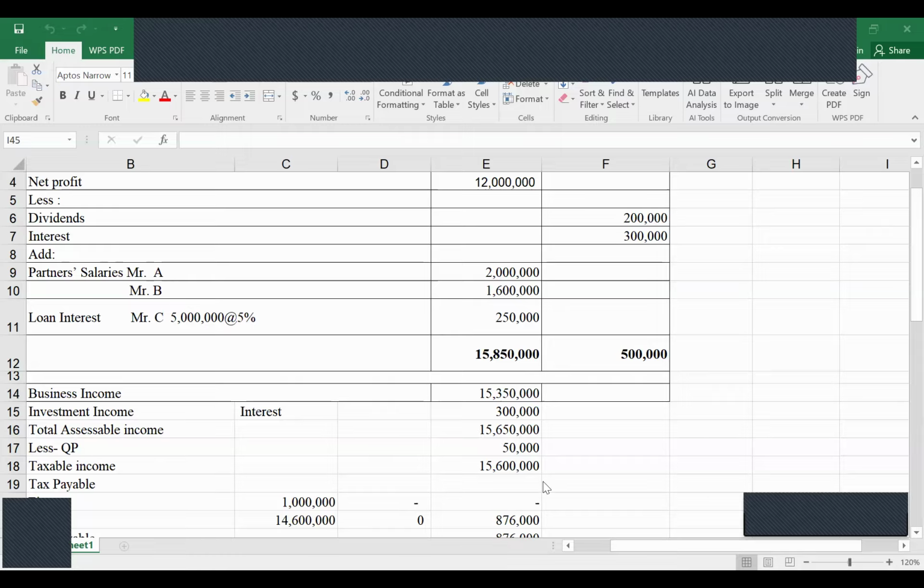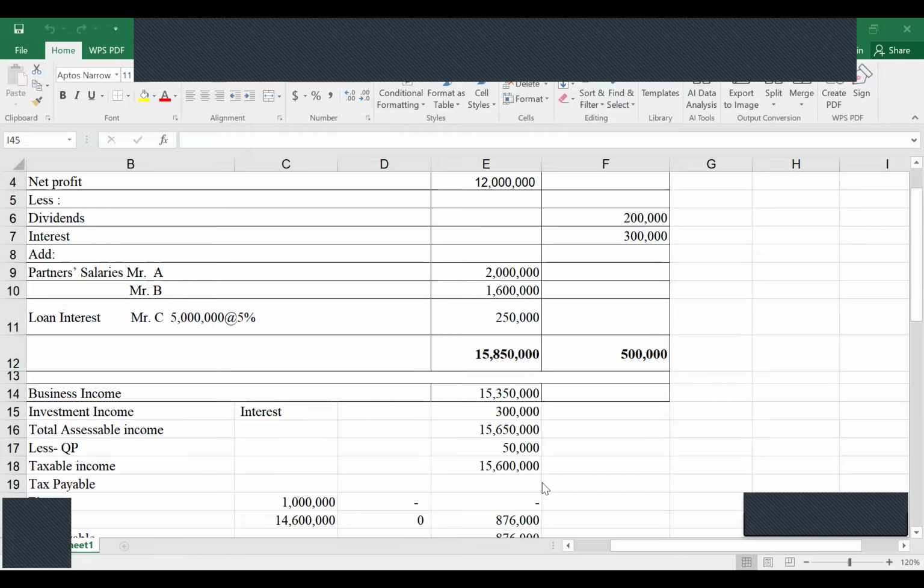Then we can deduct qualifying payment. We have to consider whether it is a qualifying payment or not. It says donation made to the cancer hospital by the partnership, it is 50,000. So what are the main criteria to consider it as a qualifying payment? Either it can be a donation to an approved charity or to the government.